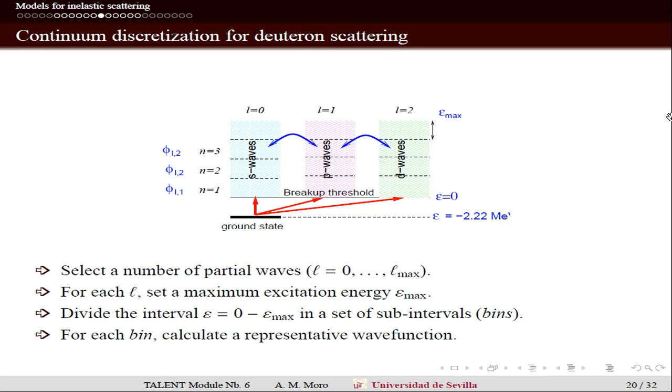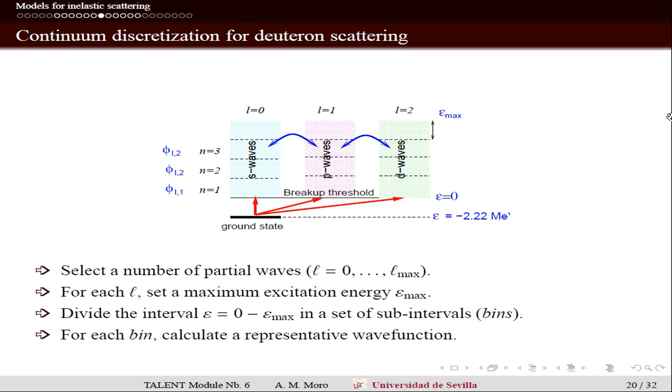So we are not populating states at 100 MeV. They could be coupled, but we expect this to be small. So we make a sensible selection in excitation energy of 10, 20 MeV, whatever, and then again we have to check that this maximum excitation energy is enough for the convergence of our observables.